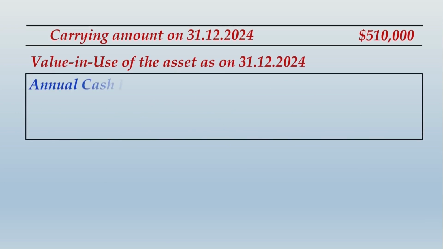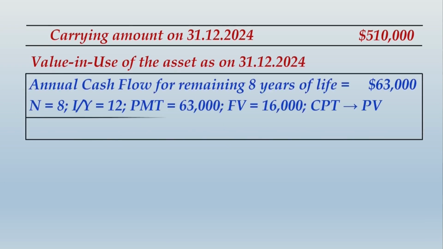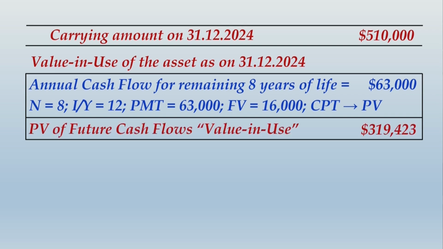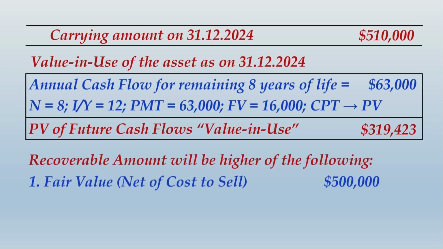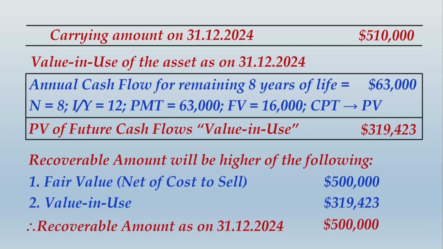Then you would have computed the value in use, which comes to $319,423. Recoverable amount will be the higher of the fair value net of cost to sell and value in use, and the higher amount is $500,000. The recoverable amount on that date will be $500,000.